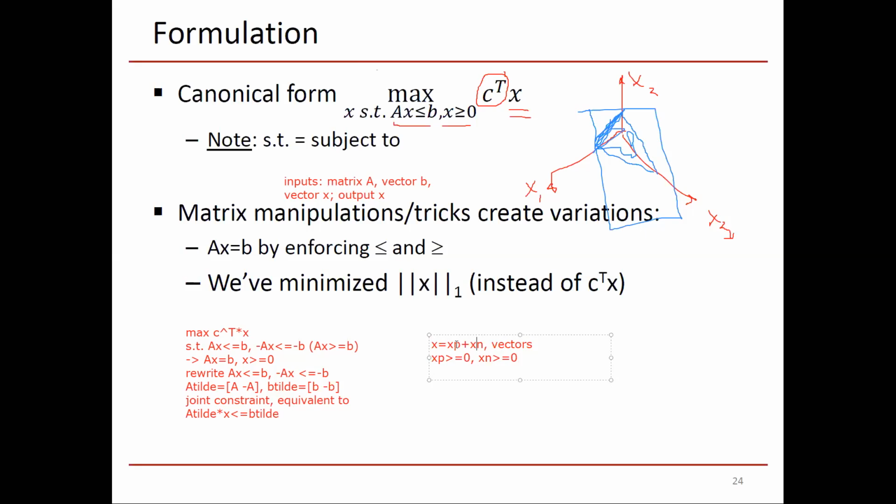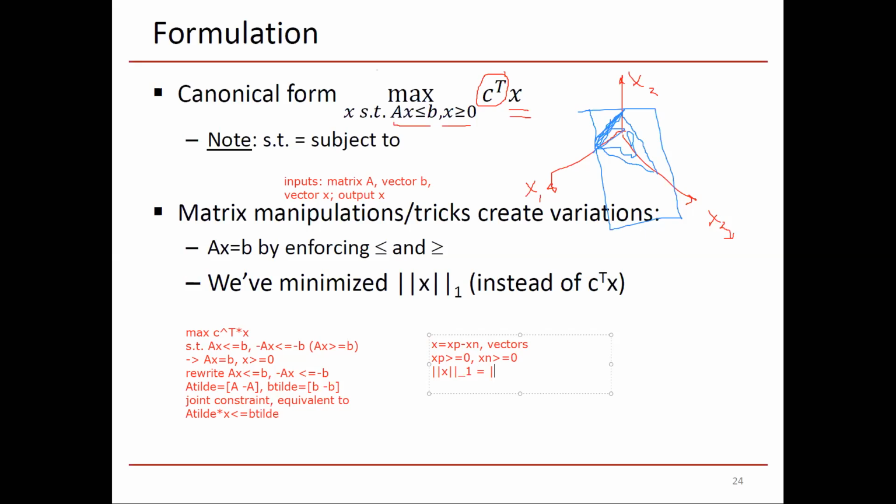Or rather, X equals XP minus XN. We're subtracting the negative from the positive. And now the L1 norm of X is, because XP is greater than or equal to 0 and XN is greater than or equal to 0, the L1 norm of each element i is either the absolute value of XPi or the absolute value of XNi.